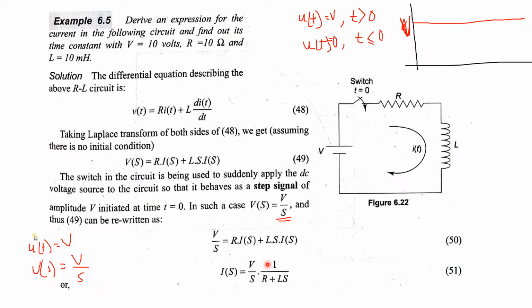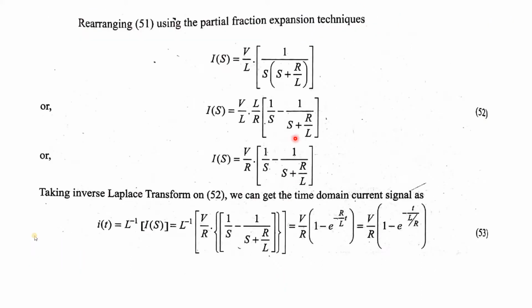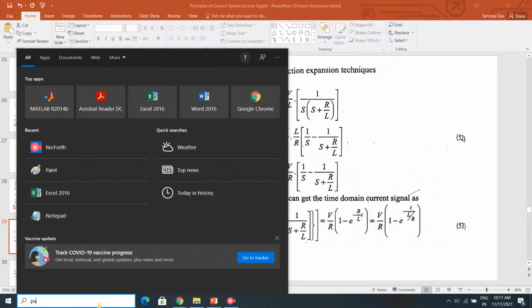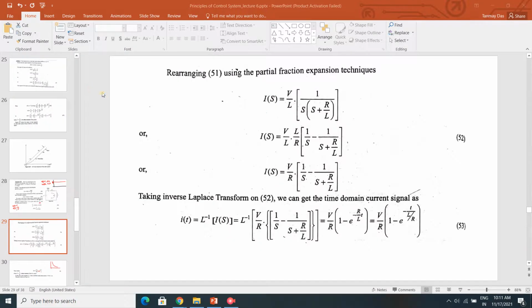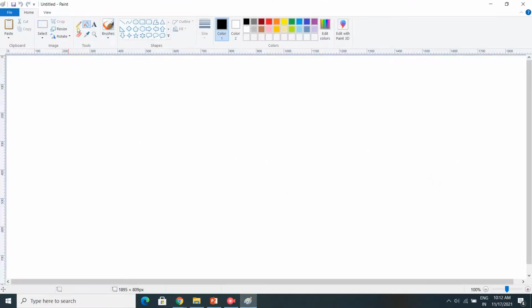If I show you the previous example, the first order system, that will be easier for you to understand. For the first order system, you can see over here it is V by s into 1 by R plus Ls. If you get confused, I will show in a different way.